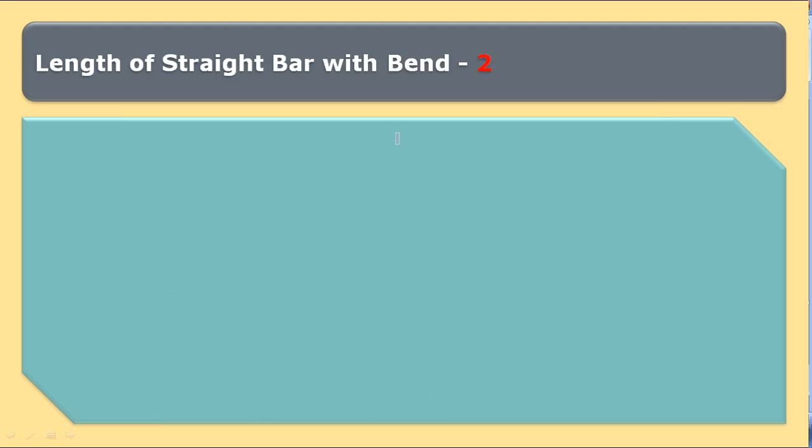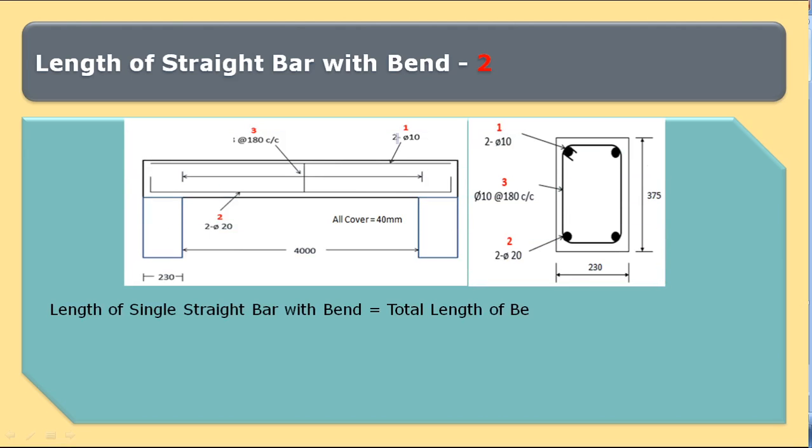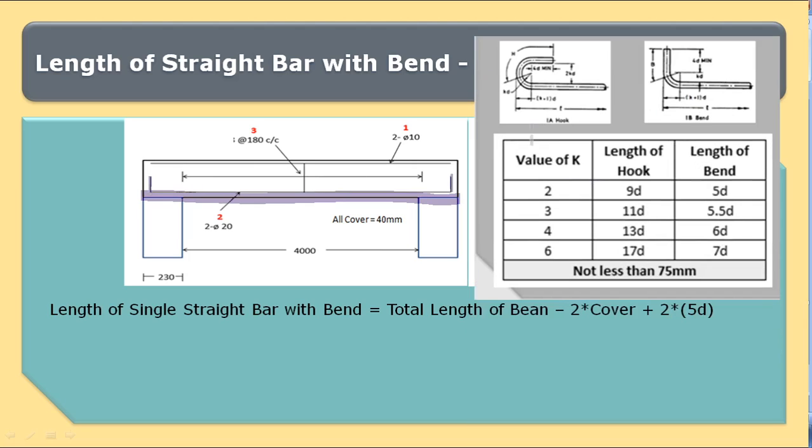Similarly, we'll calculate the length of straight bar with bend, that is item 2. The length of a single straight bar with bend is equal to total length minus 2 times cover plus 2 times the length of bend, that is this L portion. Now this is taken as 5D, corresponding to a K value of 2.